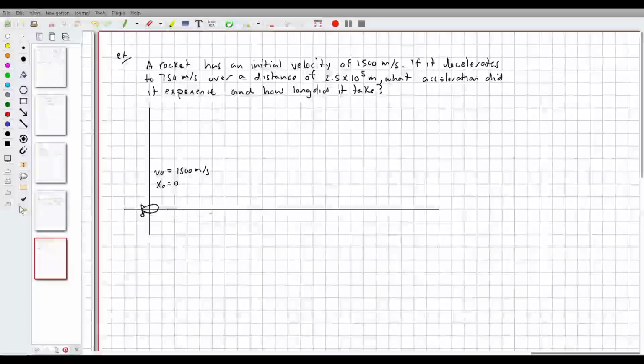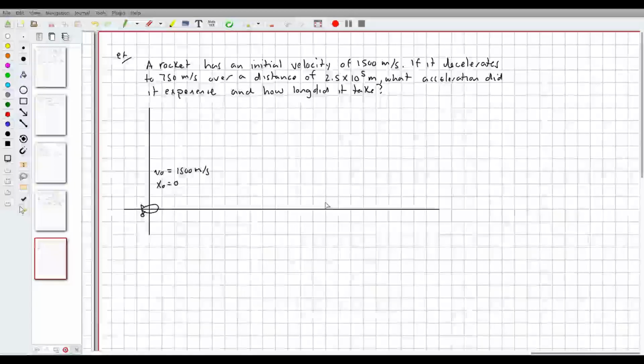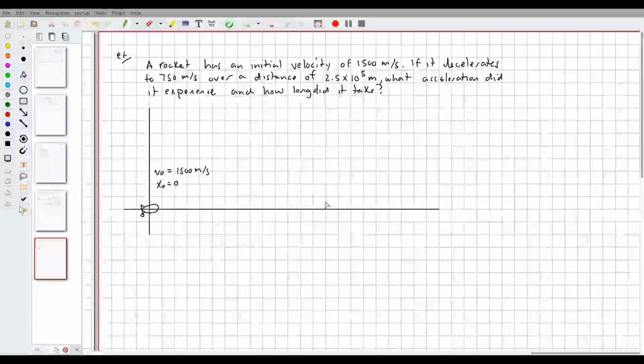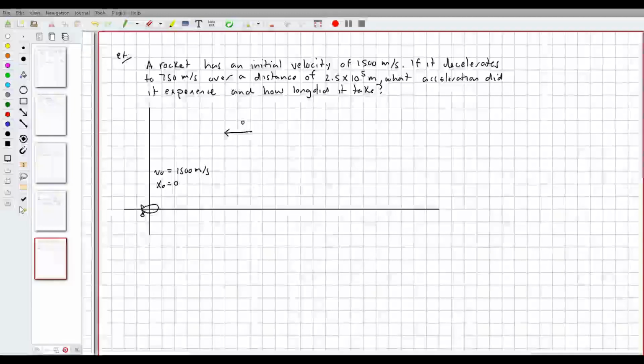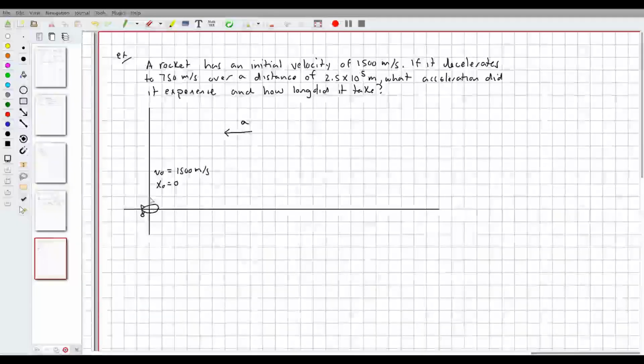It's going to coast this way as it slows down. That's what decelerate means. It means that you're accelerating in such a way to slow something down. And if you wanted to slow the rocket down, you would want to push on it this way. So the initial velocity is this way, but the acceleration is this way.